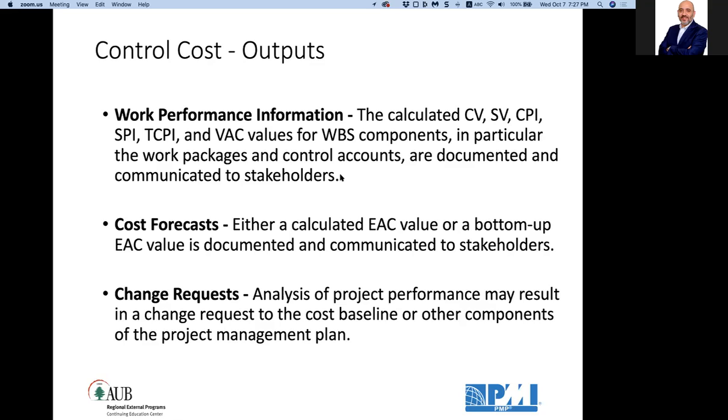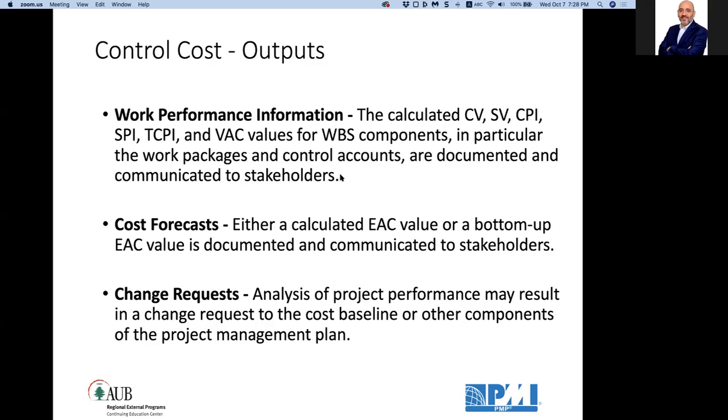What will come out? Work performance information in the form of calculated variances, calculated performance indices, and most importantly the variance at completion value for every WBS component. For every work package I can work out its variance at completion, its actual cost, its variance, etc., and eventually for the control accounts and eventually for the whole project.